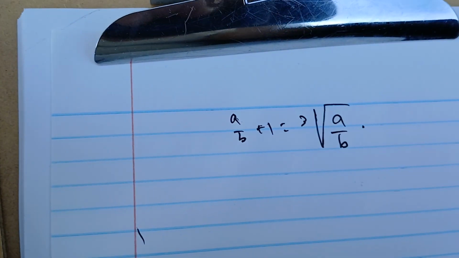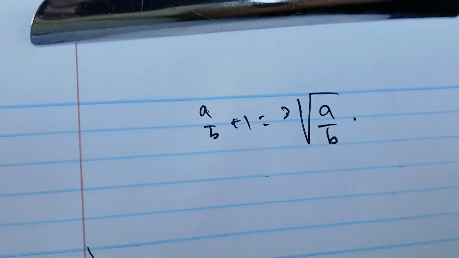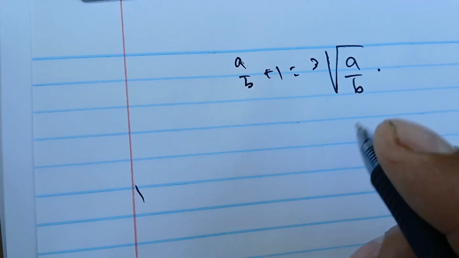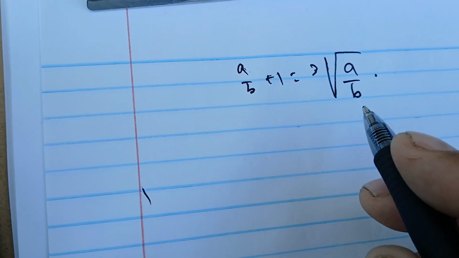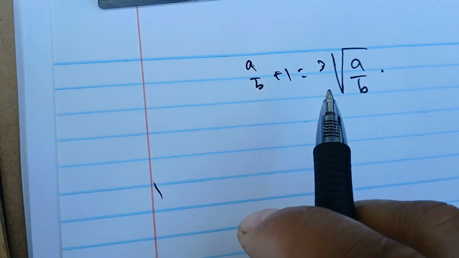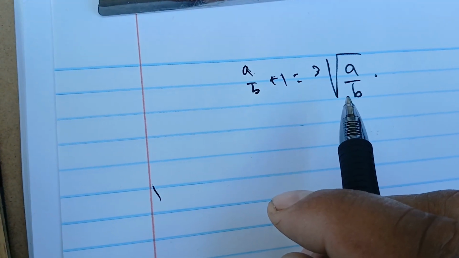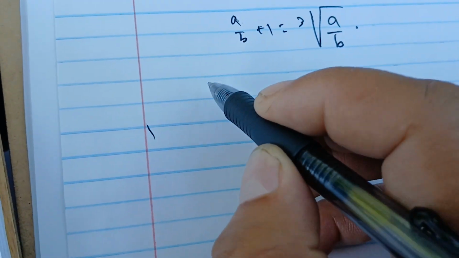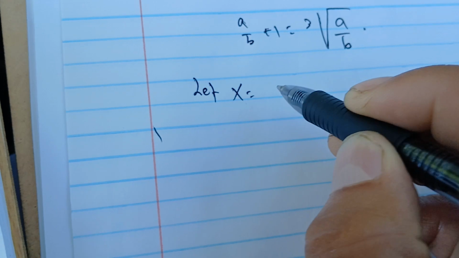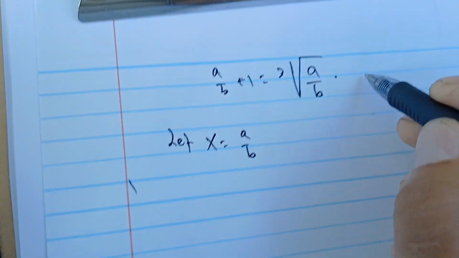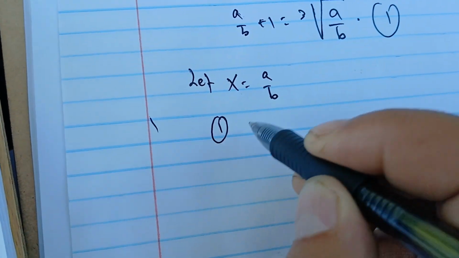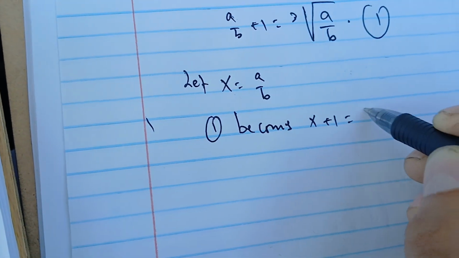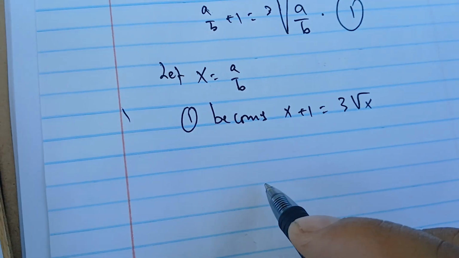Now, to solve for this quantity that we need, we have to get rid of the square root. Since this quantity is positive, we can take care of that by squaring both sides. Let's make one more change here. Let x equal a over b. So this equation becomes x plus 1 equals 3 square root of x.